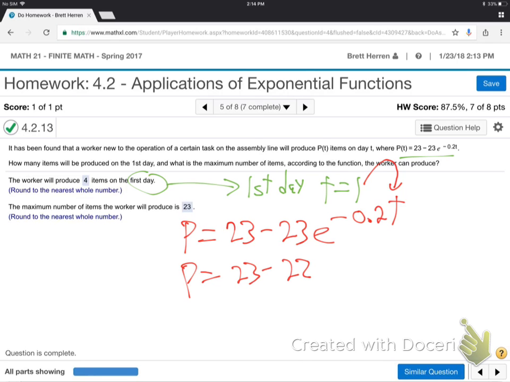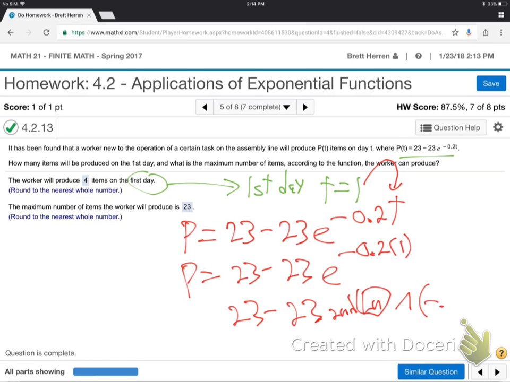So 23 minus 23e to the minus 0.2 times 1. Can you type that into your calculator? So it'd be 23 minus 23. The e button is above natural log. You have to hit second ln, and that'll put an e to the power.